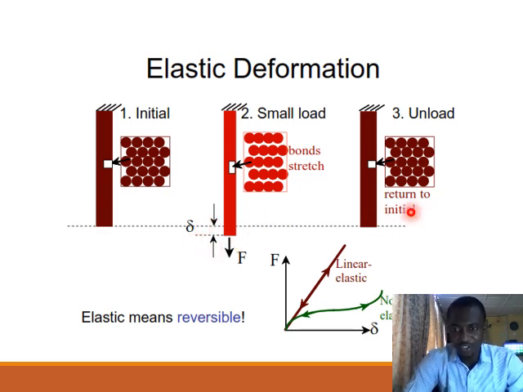So this is what is called elastic deformation. You apply a load, the material deforms through a distance delta. Upon withdrawal of that load, the material returns back to its original state. Then it means the material has undergone an elastic deformation. Now, this elastic deformation can be linear elastic or non-linear elastic, depending on the type of material in question.